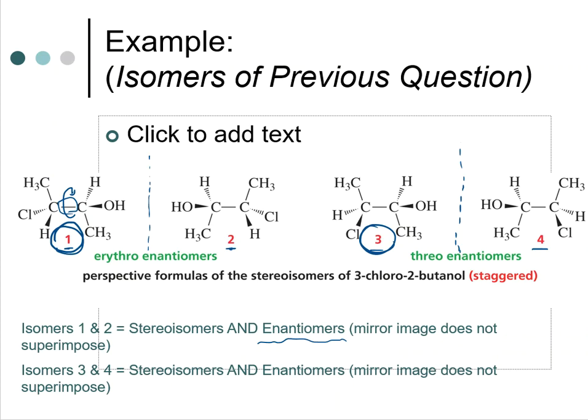Chlorine is pointed backward, and in here, chlorine's pointed towards you. Hydrogen is pointed towards you here, and on this one, hydrogen's pointed away from you. So they literally took these 2 atoms and they just switched them. That's what they did. Everything else kind of stayed the same on that side.